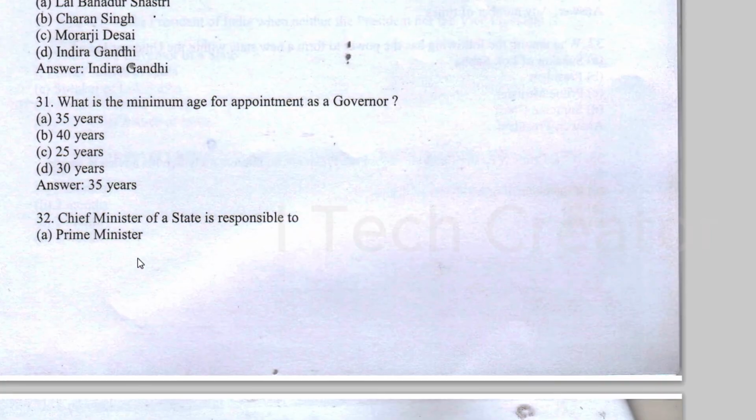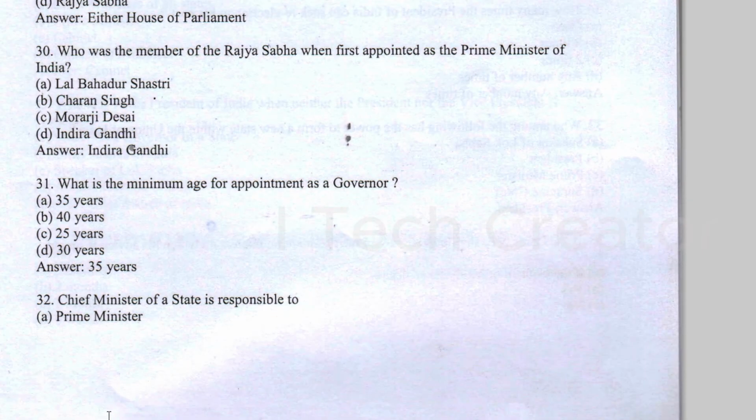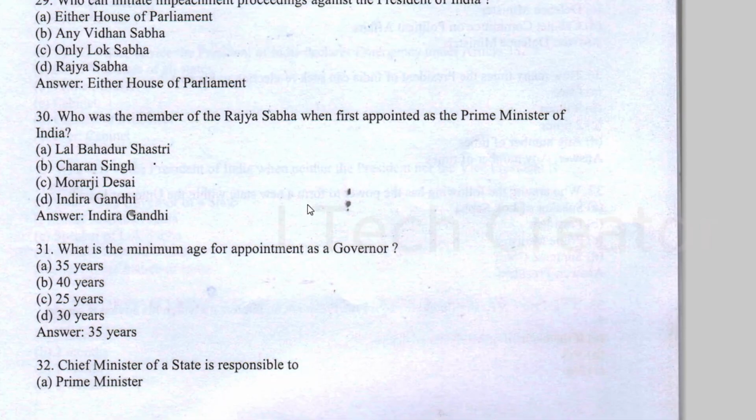Chief Minister of a state is responsible to the Legislative Assembly. What is the minimum age for appointment as governor? 35 years.